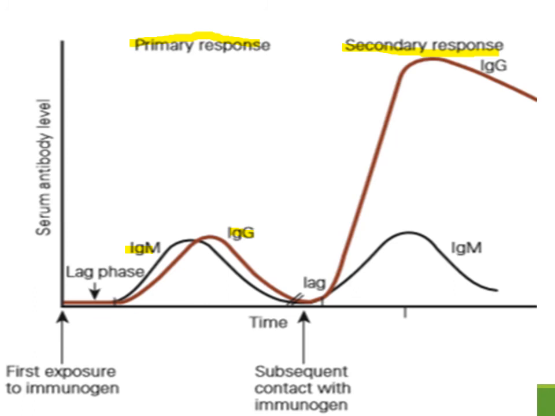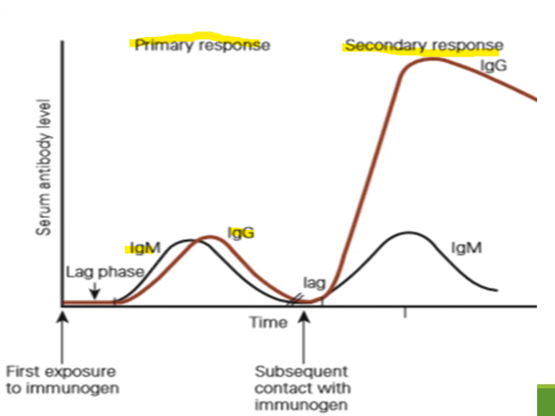That is why on your second encounter with the same antigen, just like the chickenpox virus, your IgG levels will surely increase and peak, leading to immunity against chickenpox.